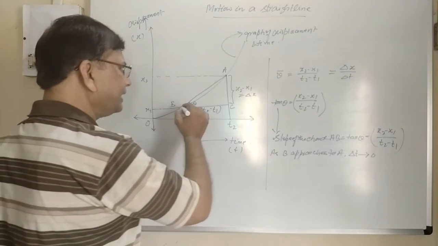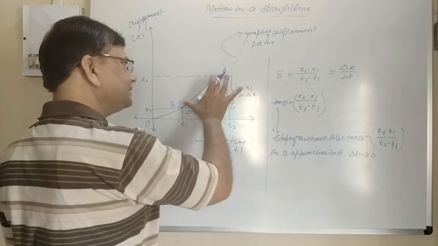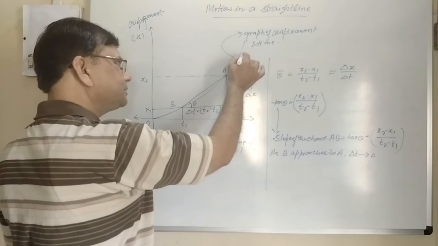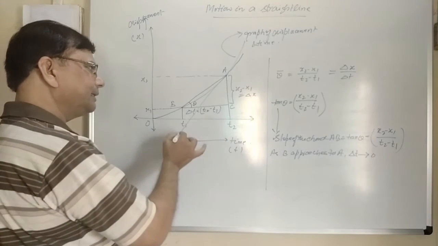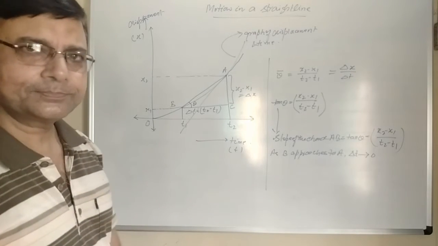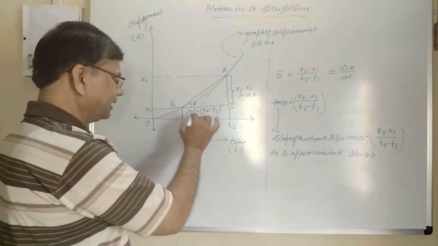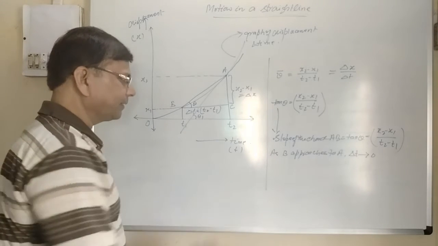So when B reaches A, this chord AB becomes the tangent at this point, and this is theta 1.